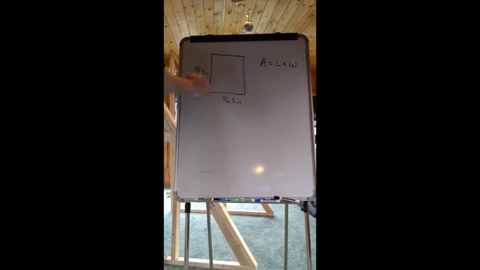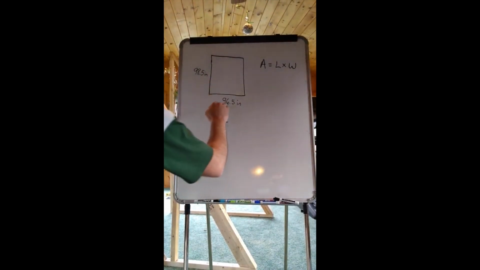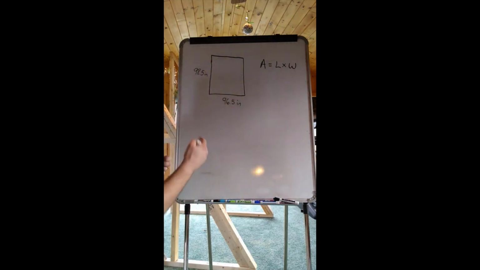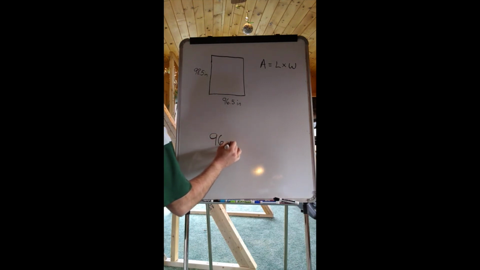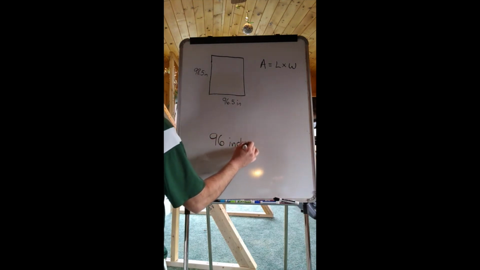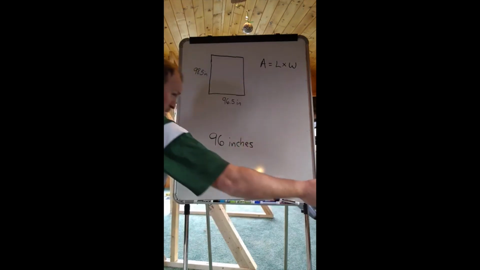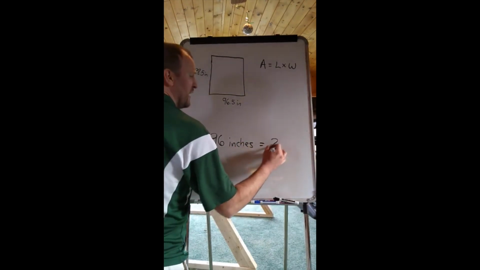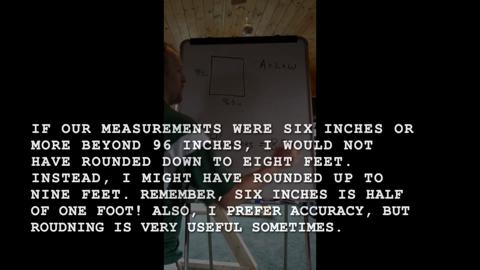Now, before we start multiplying 96.5 multiplied by 98.5, I think this is a good opportunity to use rounding. So 96 inches, if you pull out a measuring tape, 96 inches equals 8 feet.